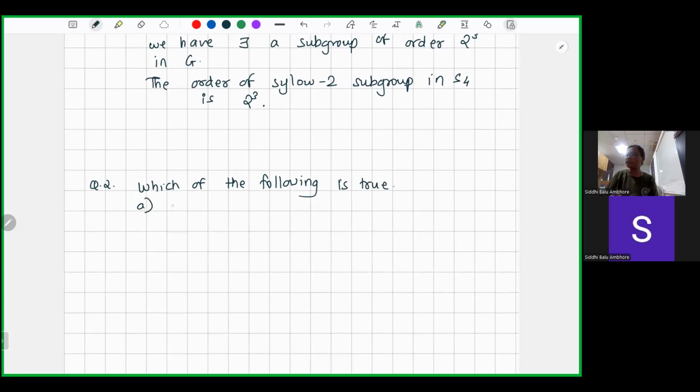Okay, so A is: semi-direct product of two cyclic groups is cyclic.